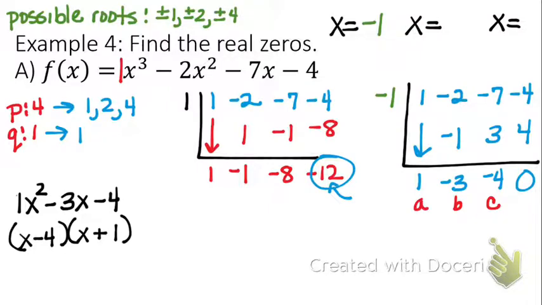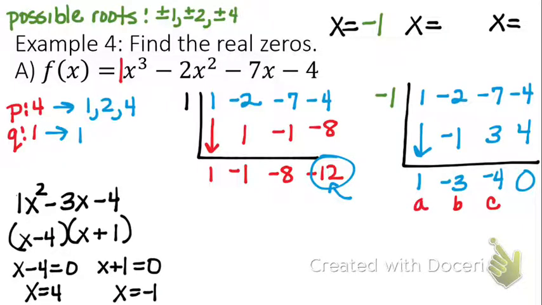Who got that? Go ahead and set them both equal to 0. So we get x equals 4. And then x equals -1 is a double root. Going back to the video that you should have watched, that means that it's going to bounce. It's going to touch at -1. So -1 and then +4. And these would be my 3 solutions.